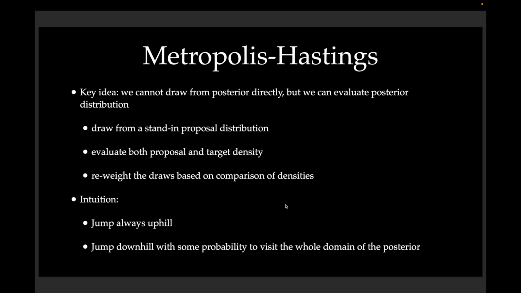Always jump uphill, and this jump will get a high weight. However, every once in a while, you also want to go down again. So you do want to jump downhill, not always, but sometimes. We're going to use a random probability to decide whether we want to go down or not. The idea here is we want to visit the whole domain of the posterior.